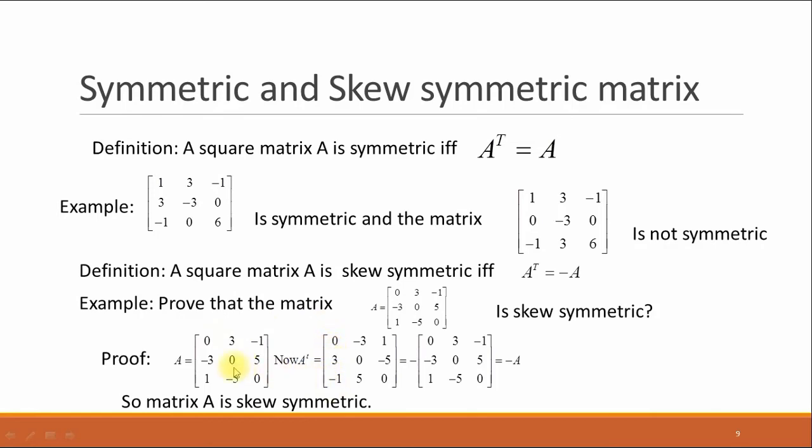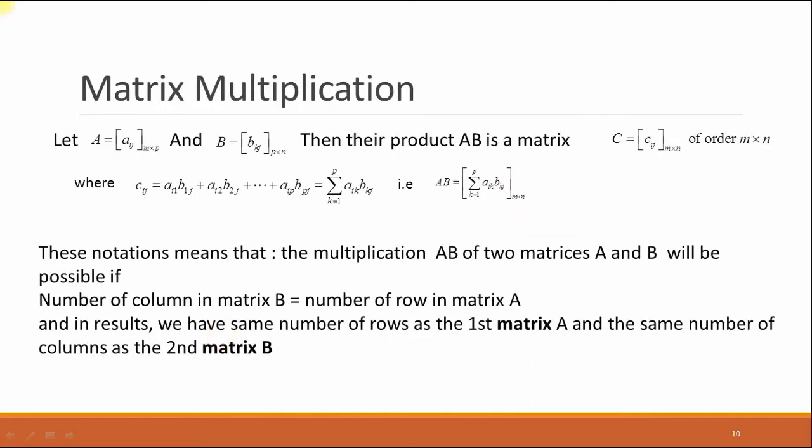Now write this row into the column position, we get 3, 0, minus 5, and write this row in the column position, we get 1, minus 5, 0. Now taking a common minus from this matrix, we get 0, 3, minus 1, minus 3, 0, 5 and 1, minus 5, 0, which is equal to A. So A transpose is equal to minus A. So this matrix is skew symmetric.